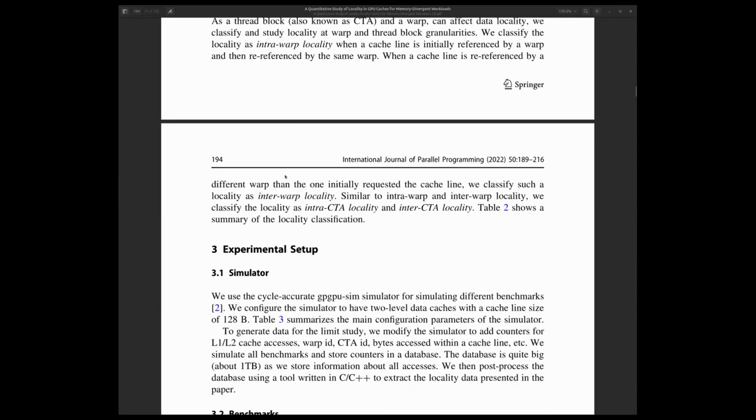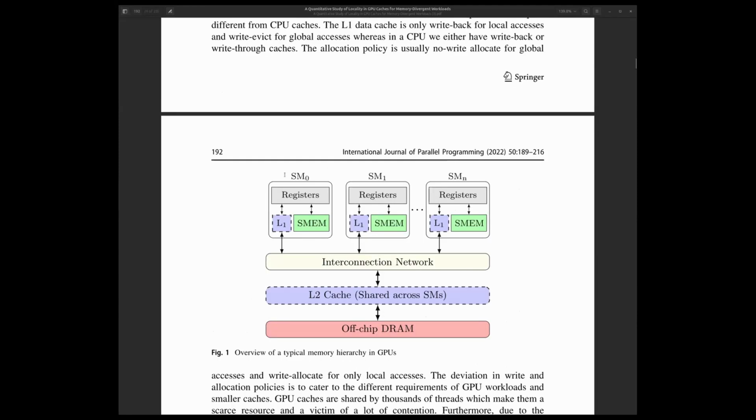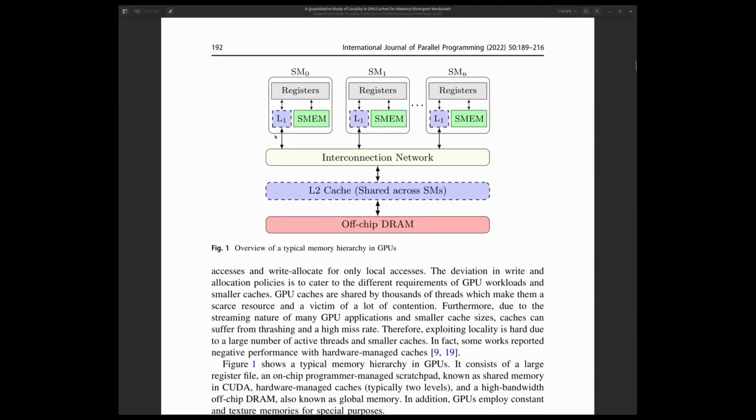We can see this over here, a diagram of the typical memory hierarchy in GPUs. We also have the L2 cache, which we'll be discussing quite a bit, and that's shared across all of the SMs on a GPU.